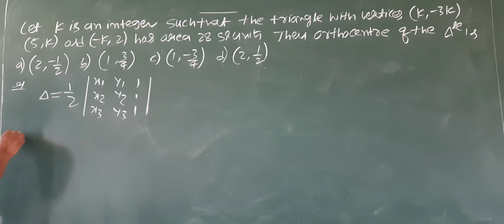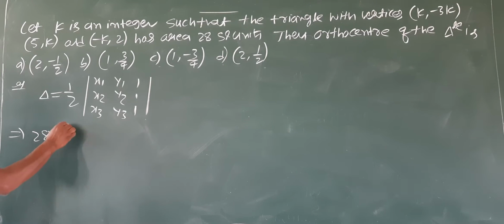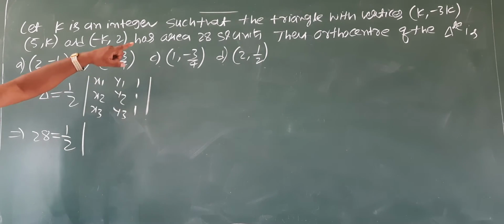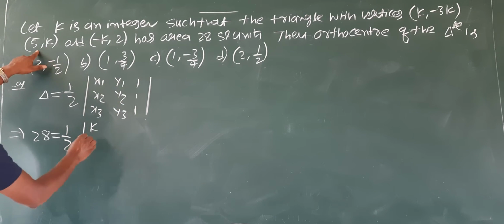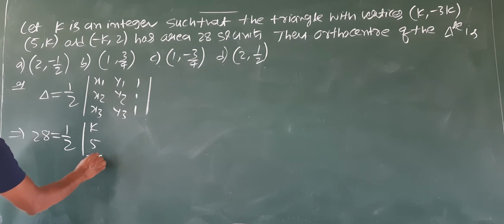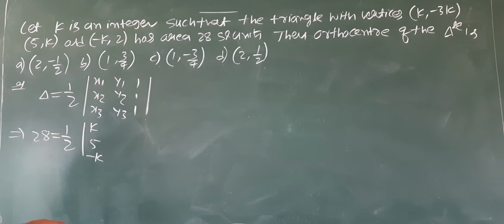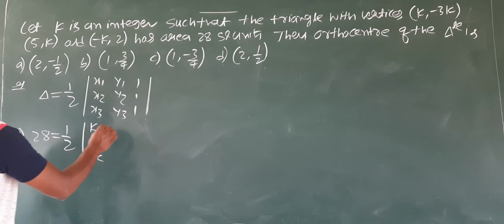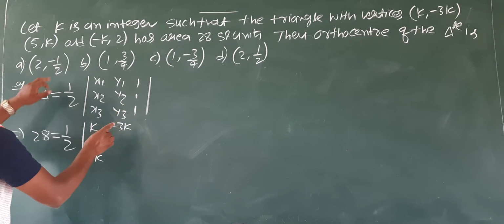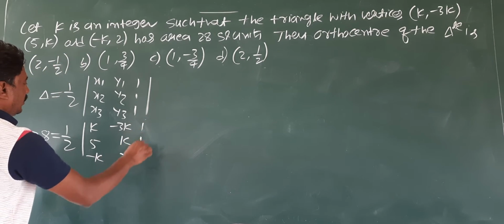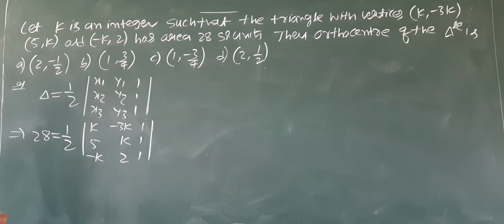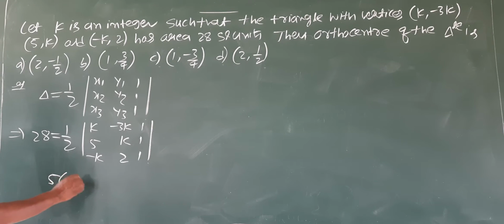So 28 equals half into the determinant with x1 = k, x2 = 5, x3 = minus k, y1 = minus 3k, y2 = k, y3 = 2, and 1, 1, 1. Cross multiply. So 28 twos are 56.